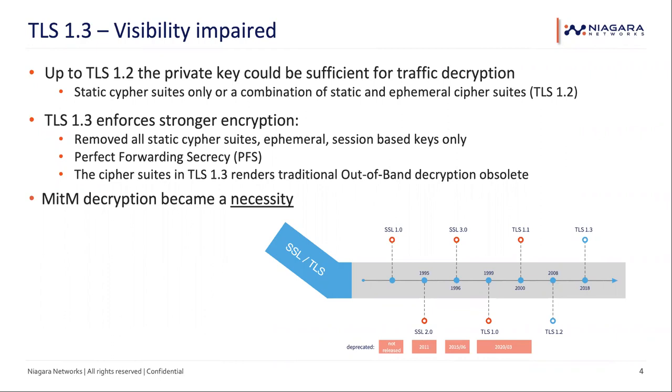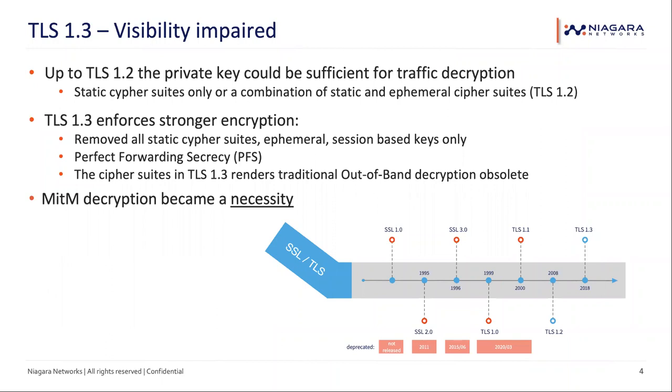This was due to the static encryption methods, the static keys that were used to encrypt the traffic. So you had encryption, but once you had the key, you were able to decrypt this traffic.